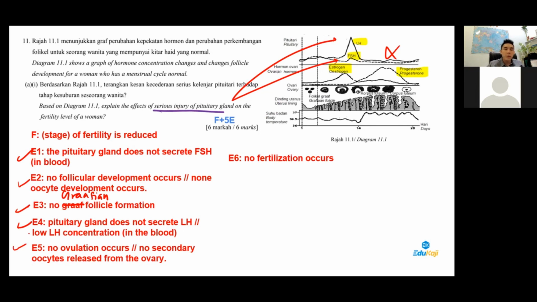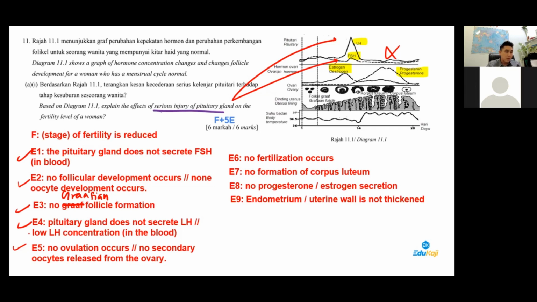No fertilization. Because follicles are the ones that release estrogen, then the corpus luteum releases progesterone. So we say no progesterone, no estrogen is being released. No fertilization, no corpus luteum, no implantation. So many answers.